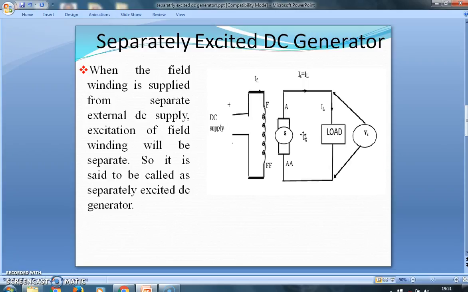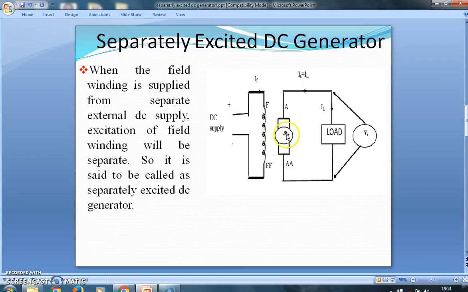This is because when armature current Ia flows through the armature winding, due to the armature winding resistance Ra, there is a voltage drop across the armature winding equal to IaRa volts. The induced EMF has to supply this drop along with the terminal voltage Vt.